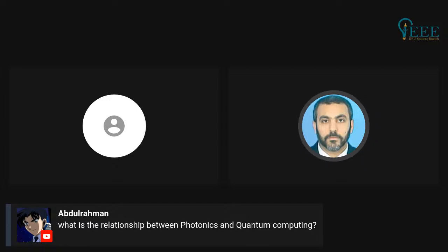And if you employ these quantum effects for quantum computing, then you can make faster computers than what we have now. So by combining quantum computing and photonics together, we can make what we are looking for, which is the supercomputer that we need for the future. So this is what I can tell you about photonics and quantum computing.